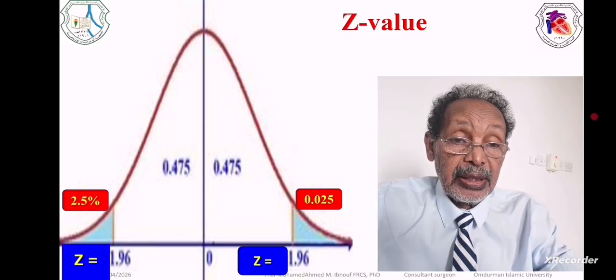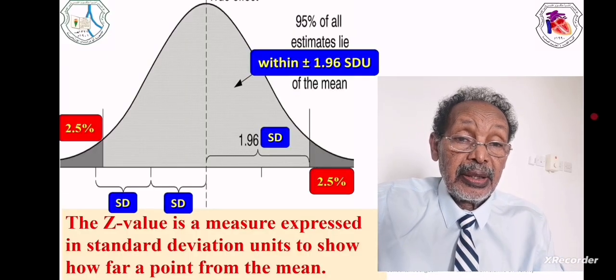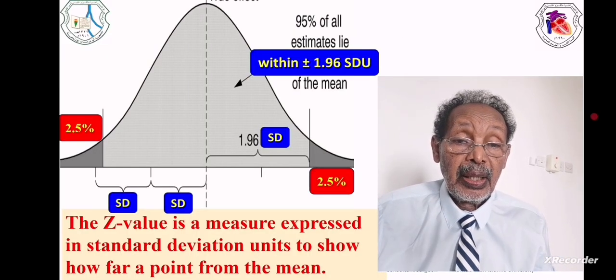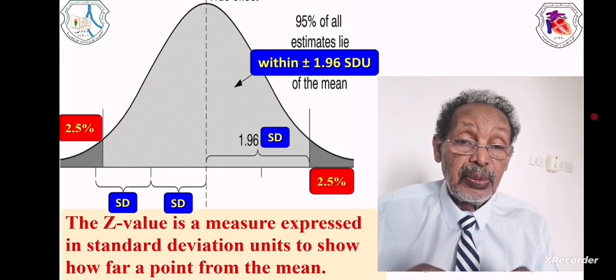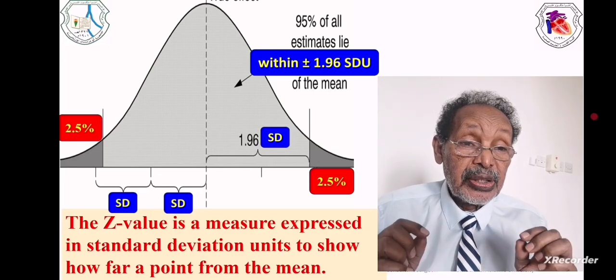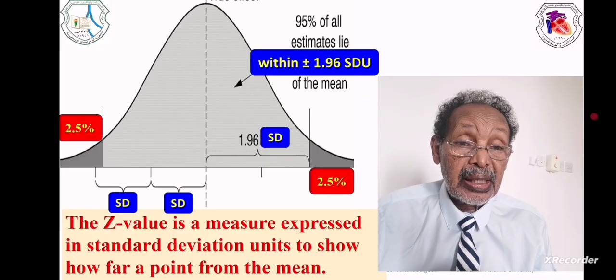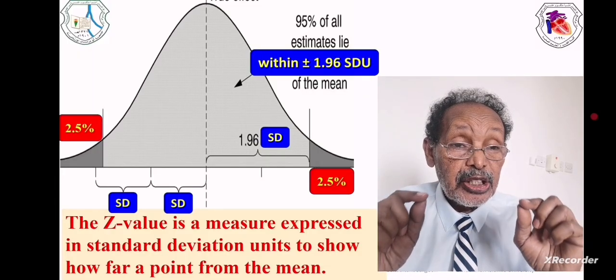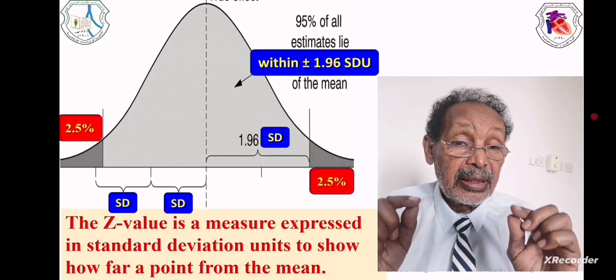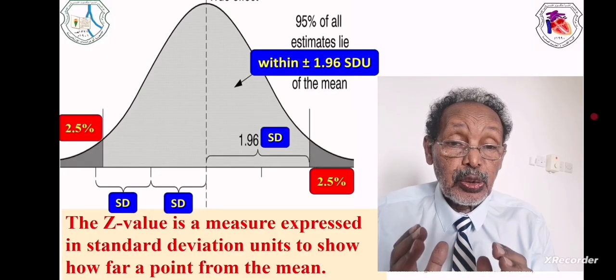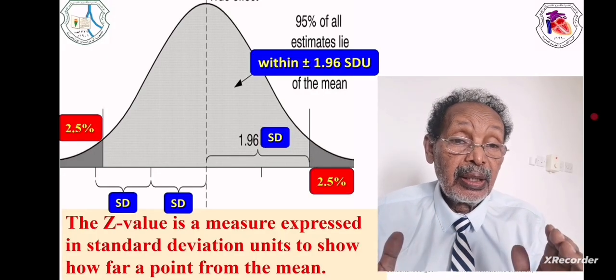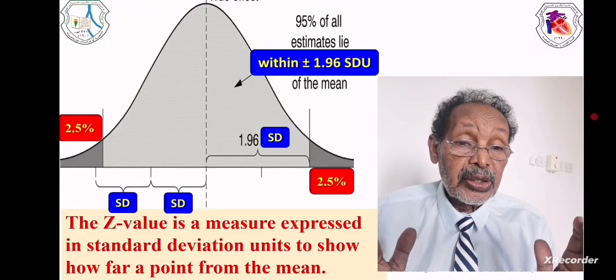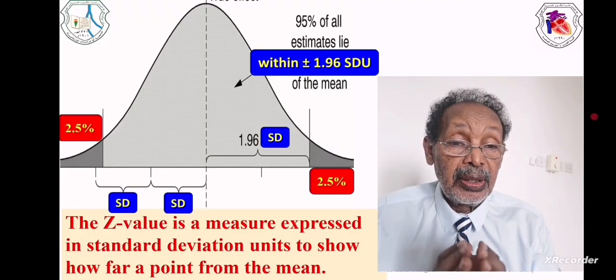We will understand it in the coming slide. The Z value is a measure expressed in standard deviation units, to show how far a point or a datum exists from the mean.